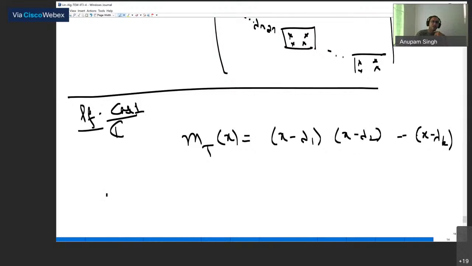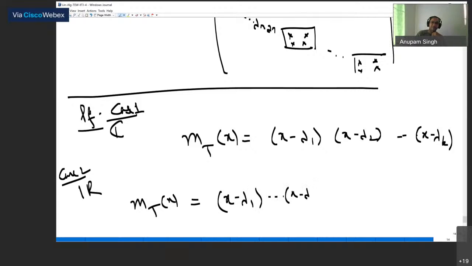Okay. What happens in the real case, case 2? In this case, I take the minimal polynomial. This minimal polynomial will be a polynomial over R. Now it can have degree 1 factors, and it can also have degree 2 factors, right? So it can also have some other p1(x) up to pm(x).